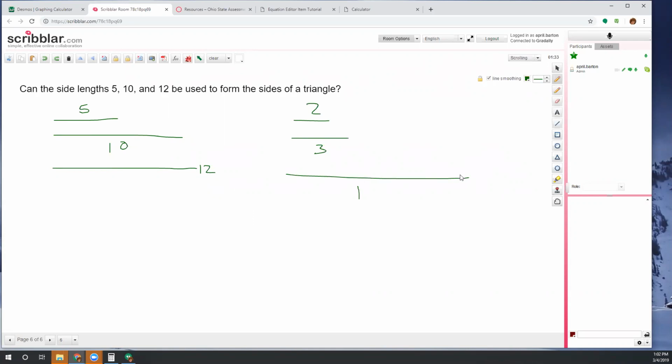Let's say we had 2, 3, and 12. If we put 2 on one side and 3 on the other, they would never be able to reach each other. There would just be a big open spot, and that's not a triangle. A triangle has to have connections. So the way we know is the 2 smallest sides added together need to be bigger than the third side.